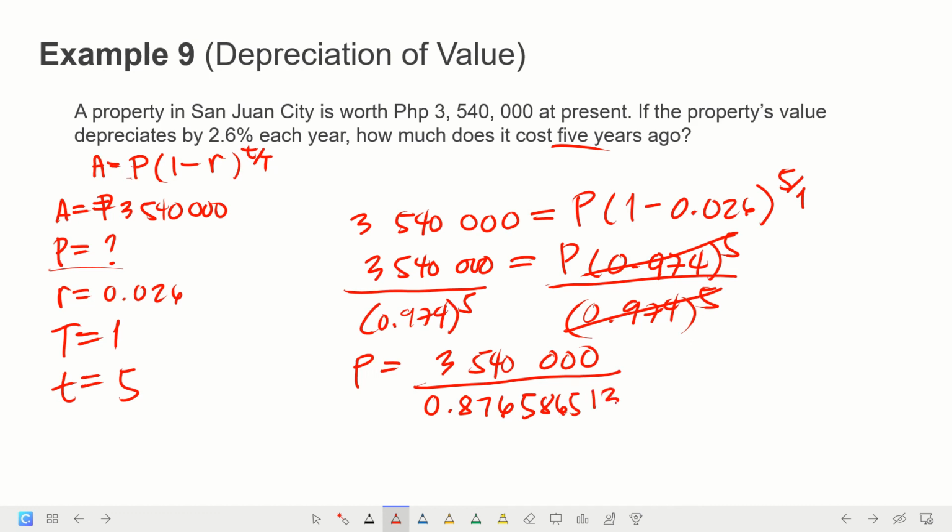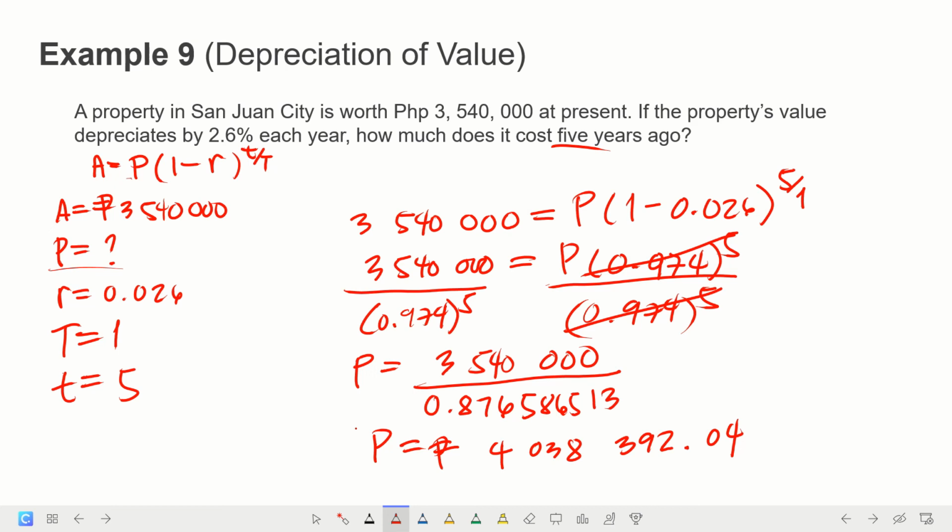Okay, so the initial value, or the value of the property 5 years ago, is equal to 4,038,392 pesos and 4 centavos.